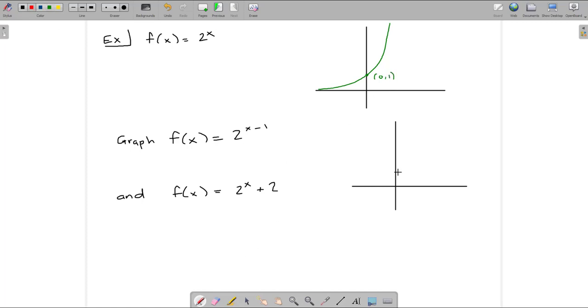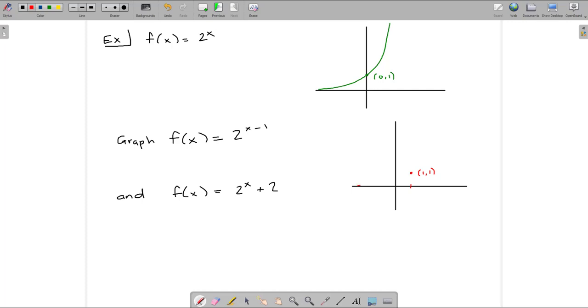So if I'm drawing the graph of the same function but shifted by 1 to the right, that's the point that I can use to orient my new graph. So instead of 0, 1, I'm shifting it by 1 to the right. So I'm now going to have that point at 1, 1. And then everything else should just look the same, essentially.